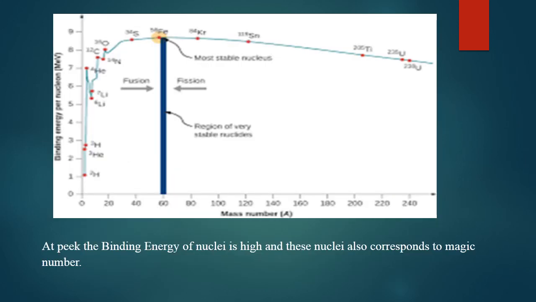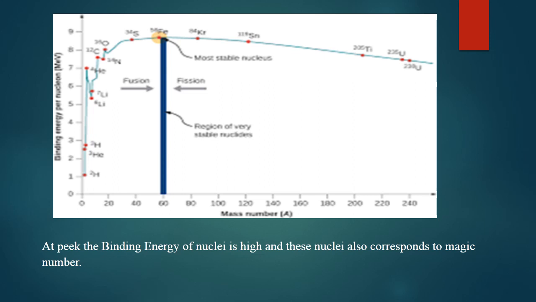And you can see the graph, that is the binding energy graph, where the x-axis is the mass number and the y-axis is the binding energy per nucleon in megaelectron volts. You can see there is a maximum at Fe, and then as the mass number keeps on increasing, there is a decrease in the binding energy.